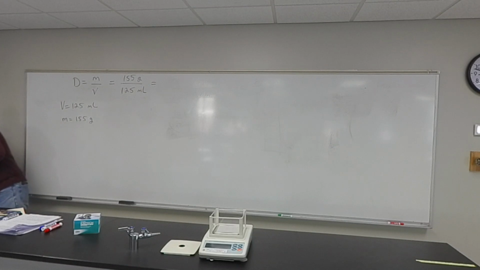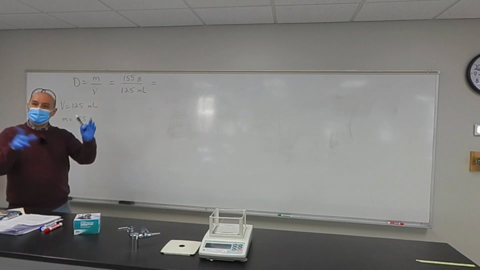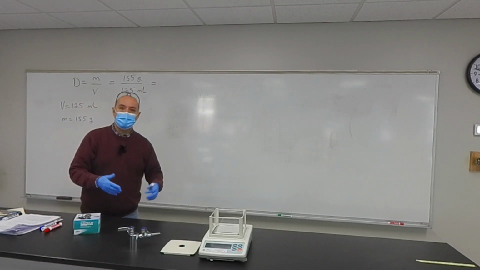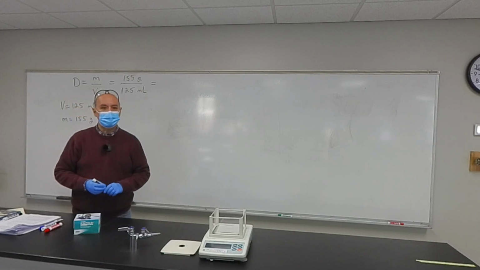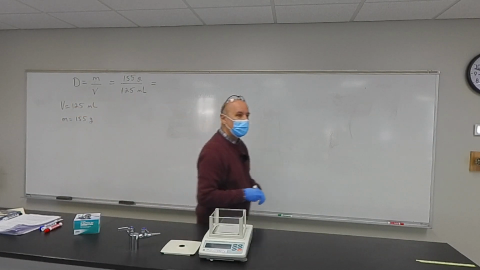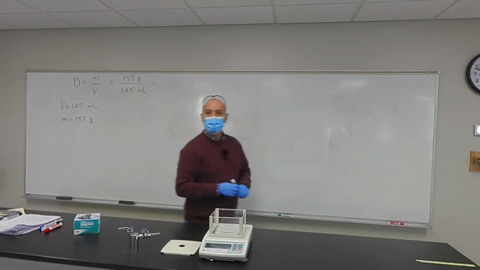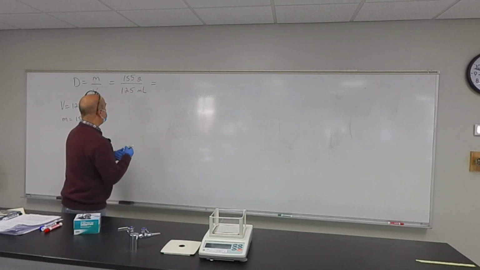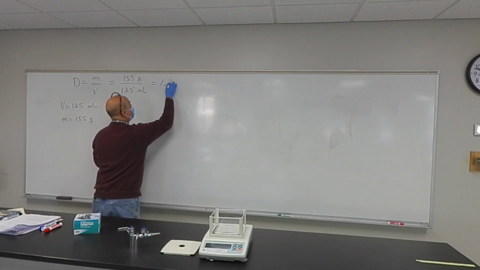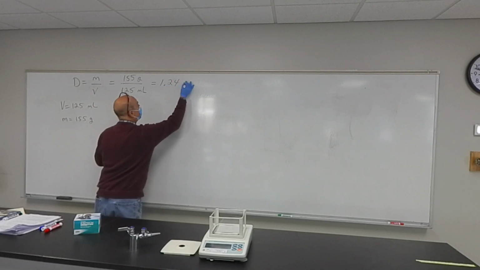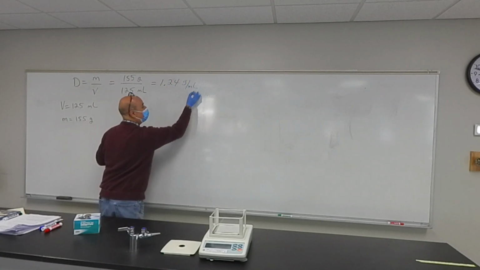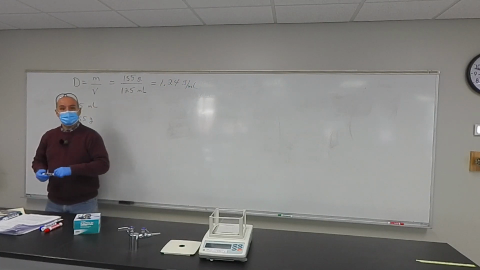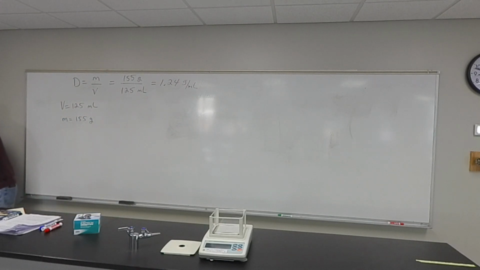So what do you guys get? I need 2 answers that are the same so that I know that we're doing this correctly. 1.24? 1.24, perfect. Grams per milliliter. So let us enter that in here.